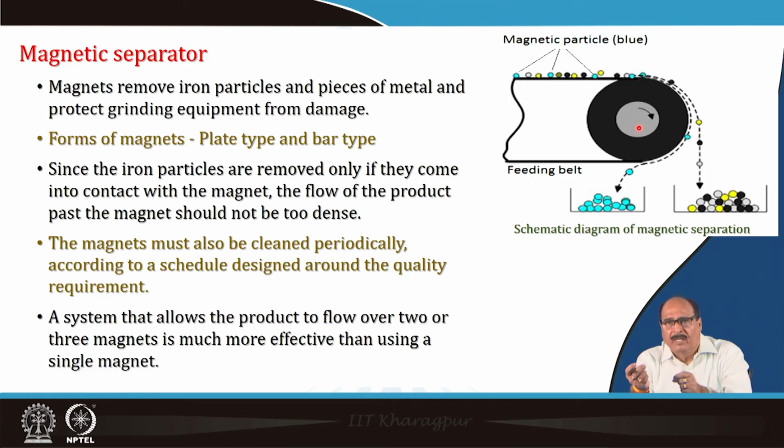If one or two pieces remain in one magnet, they can be separated in the second one. Here you can see the magnetic particles on the blue side. So, by properly controlling the movement of the product or having 2-3 such magnets in parallel, one can have effective separation.